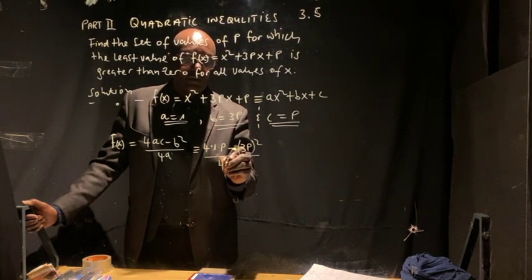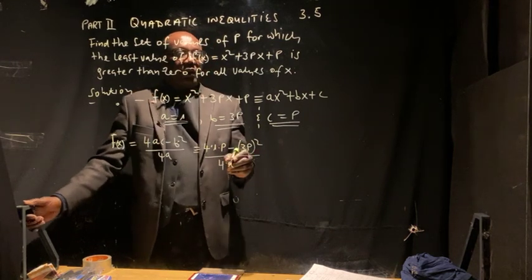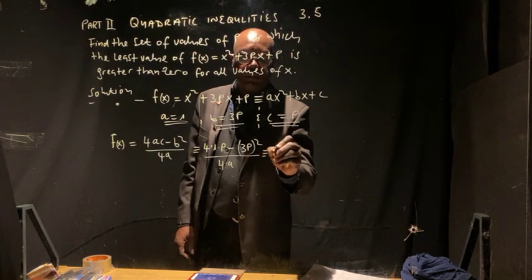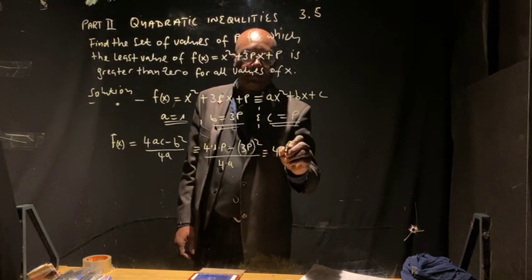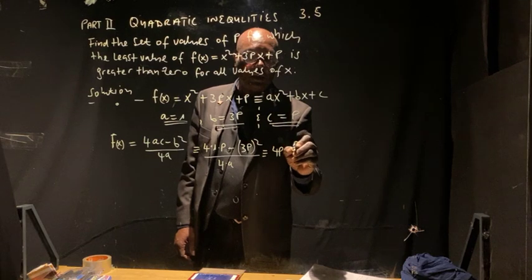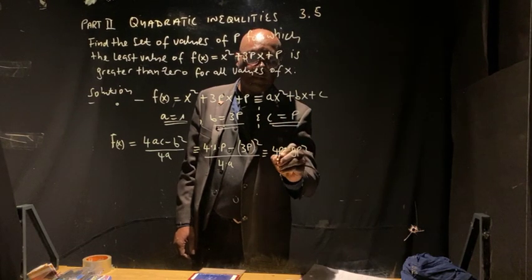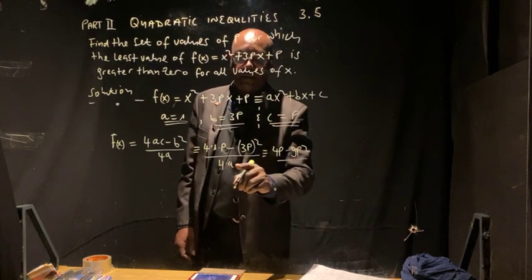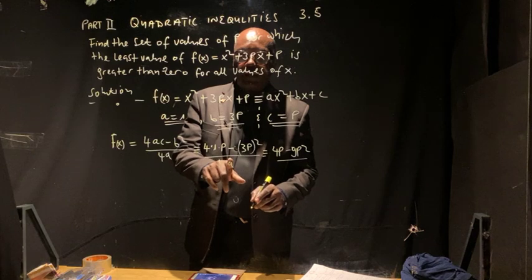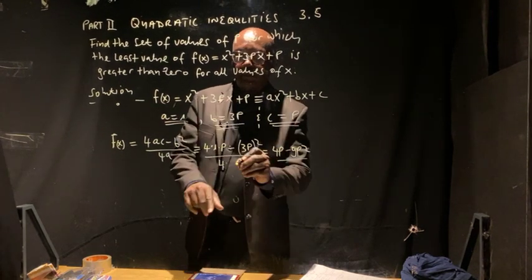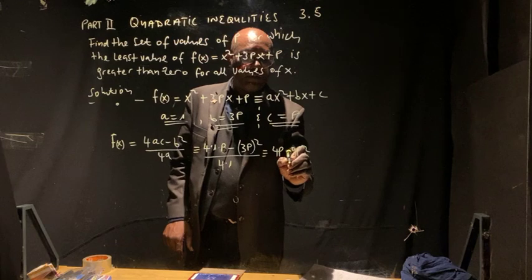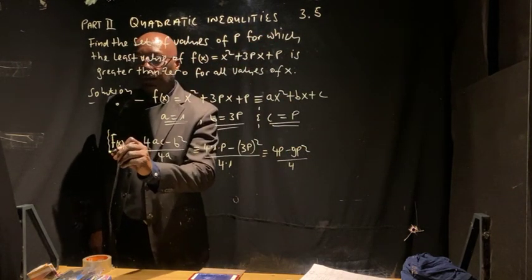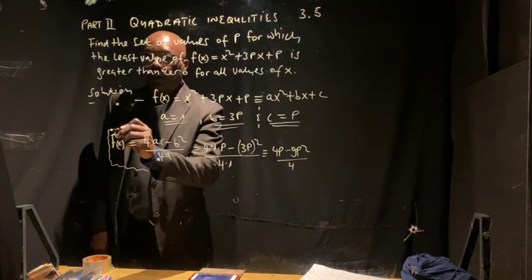A is 1. Then we have this equal to 4p minus 9p squared over 4. This is the least value of the above given quadratic expression.